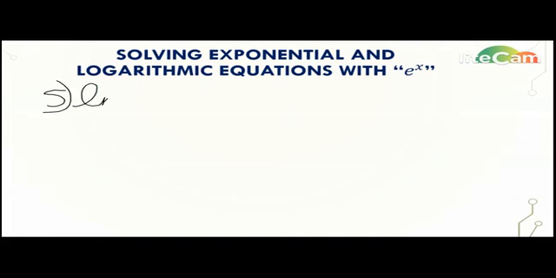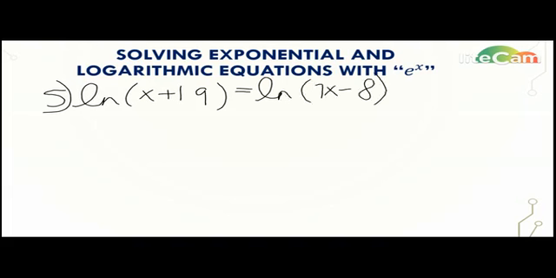I think we're going to do that again. This is number 5, natural log of x plus 19 equals the natural log of 7x minus 8. Again, I can go ahead and just take out x plus 19 and 7x minus 8.